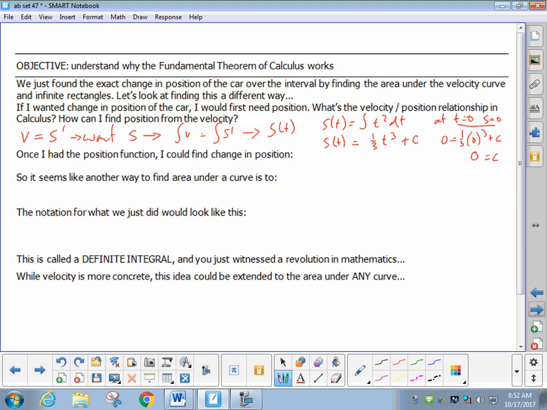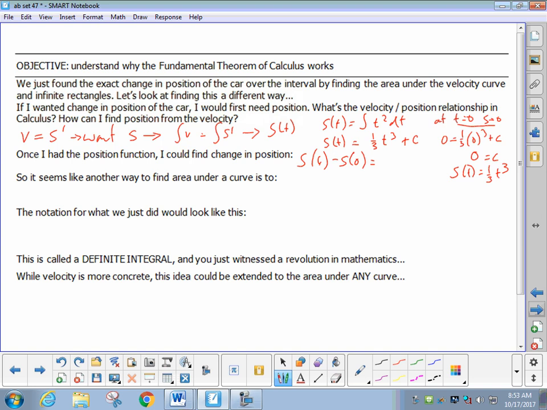So my position function is s of t equals 1/3 t cubed. That finds position at any time. Cool? All right. Now, I have the position function. I could therefore find how much my position changed over the interval by just saying what is position at time 6, take away where I was at time 0.